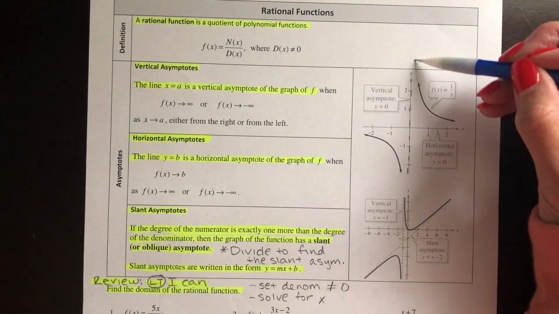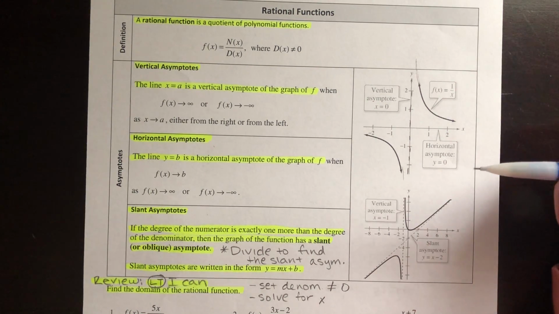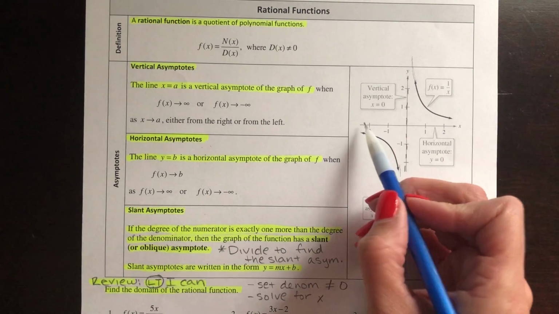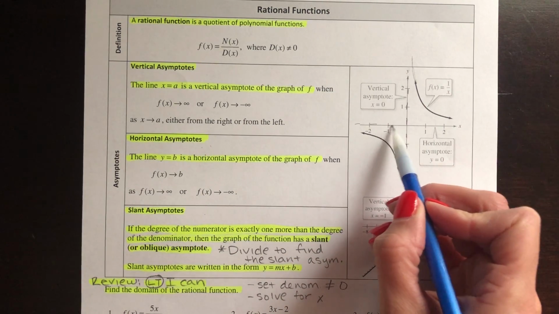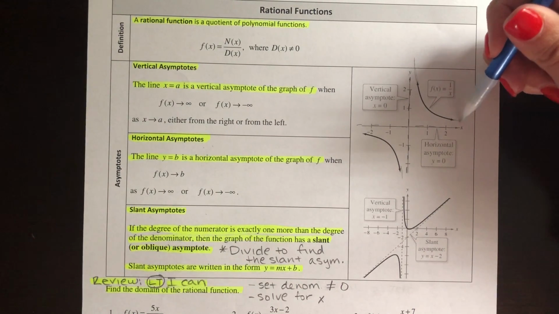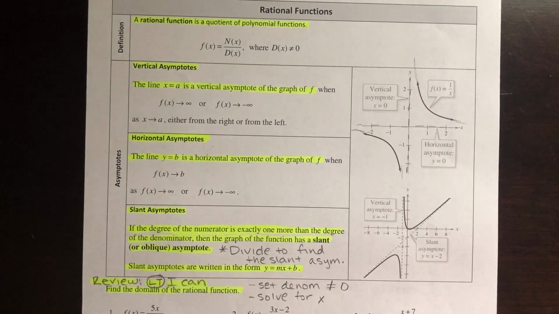It's getting closer and closer to this line, but it's never going to touch it. A horizontal asymptote would be right here at y equals 0, and you can see it approaches it but never touches it.